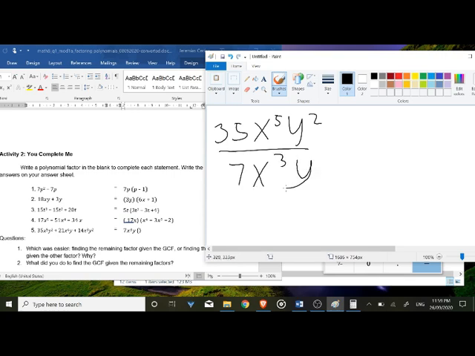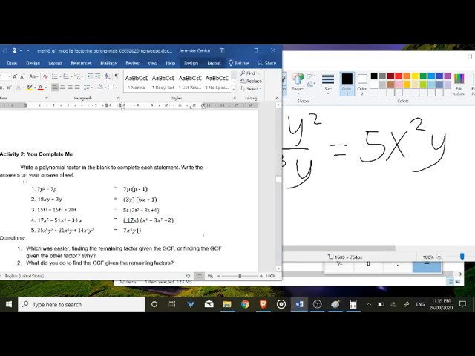That's the common monomial factor. So 35 divided by 7 times, that is 5. 5 minus 3, that's 2. Then 2 minus 1, that is 1, so y. So first term natin is 5x squared y.